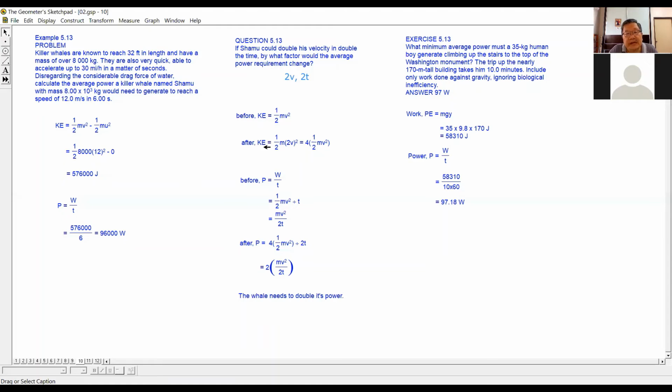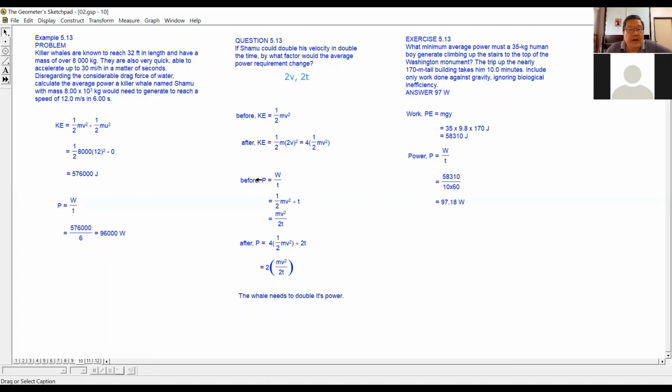So that means if you want to double the speed, the energy has to be 4 times, because the energy is v squared. 2v squared becomes 4 times. So energy 4 times, never mind. But that is not what they want. They want how much is the change in the power.